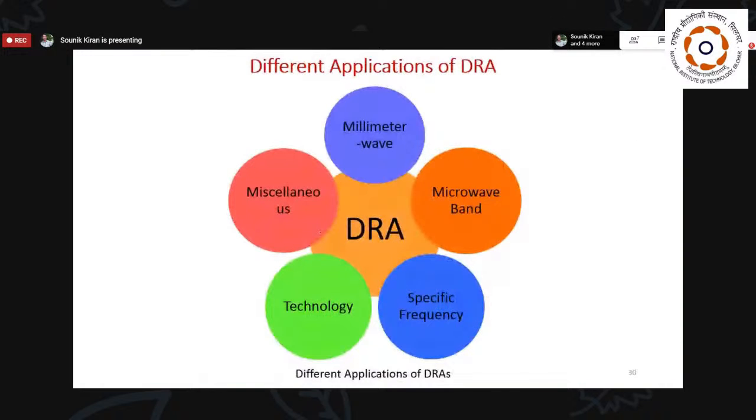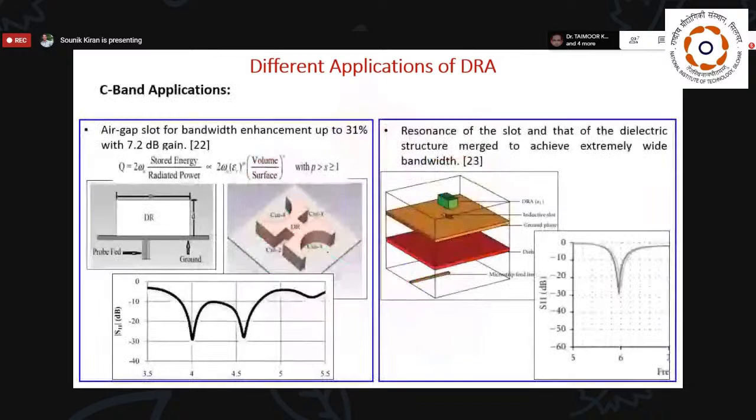Then let us look into the different applications of DRA. If we look at DRA history or DRA literature, we can have an idea that DRA has been used for different applications, starting from the microwave band, with different technologies, and sometimes they target different frequencies, and sometimes they target millimeter wave. If we look at the figures, this clearly tells us that, if we look at the C band, people have shown that the antenna can be used for C band applications.